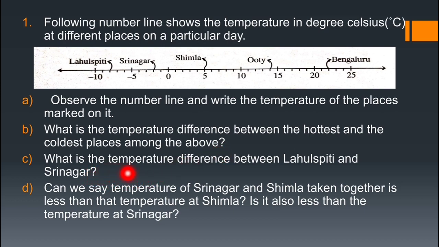Third, what is the temperature difference between Lahaul Spiti and Srinagar? And fourth part is, can we say the temperature of Srinagar and Simla taken together is less than the temperature at Simla? Is it also less than the temperature at Srinagar? So let us solve each of these parts one by one.